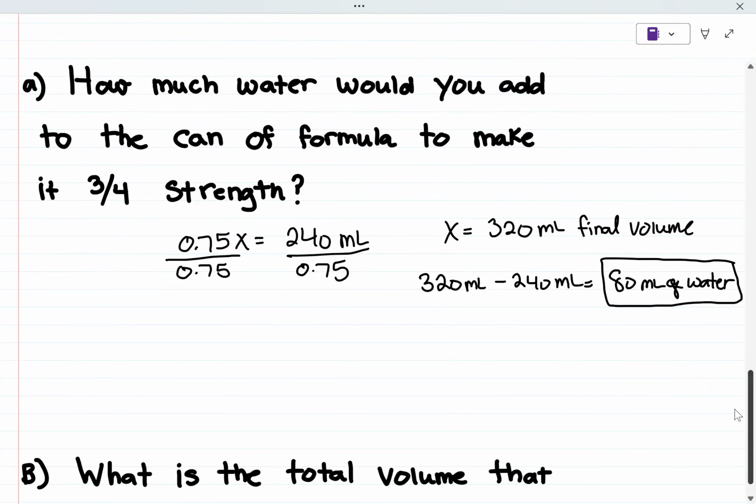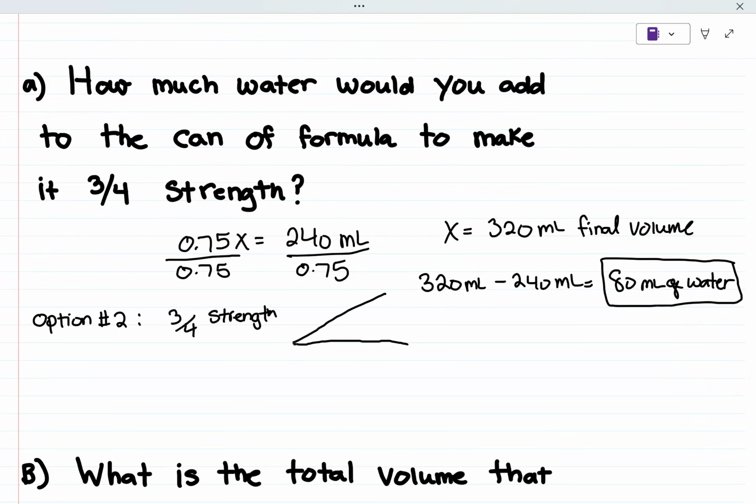The second option is option two. What you could do is do three-fourths strength. Here's one, two, three, and four.